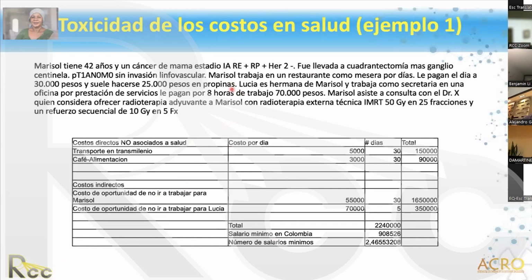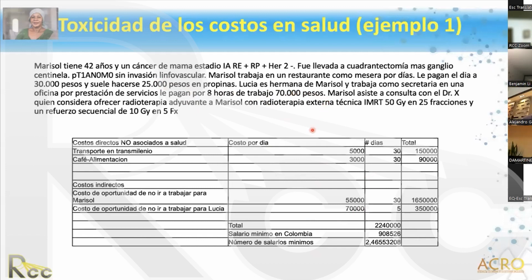She receives 30,000 pesos a day. In dollars, it means like $6 per hour. She gets like $5 more in tips, and she works with a figure where she's going to get paid for 8 hours a day, 70,000 pesos.